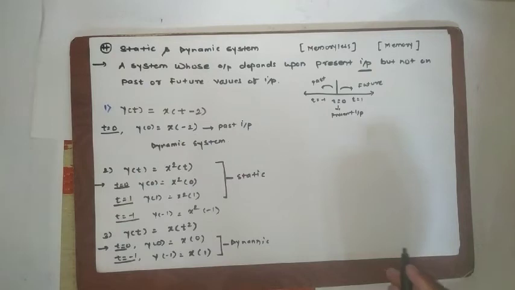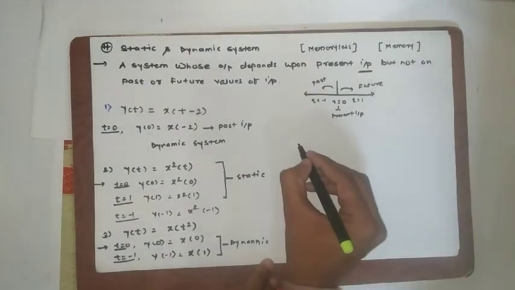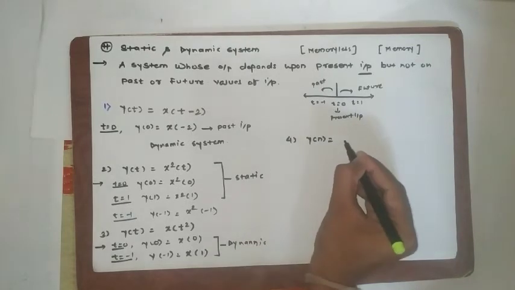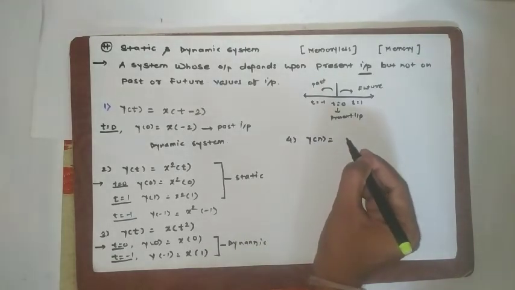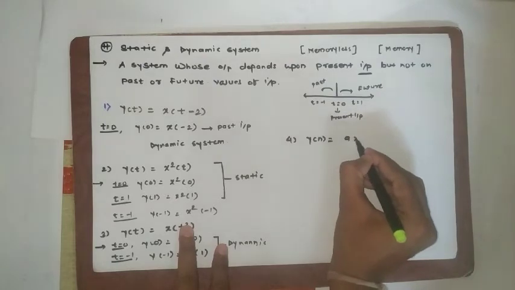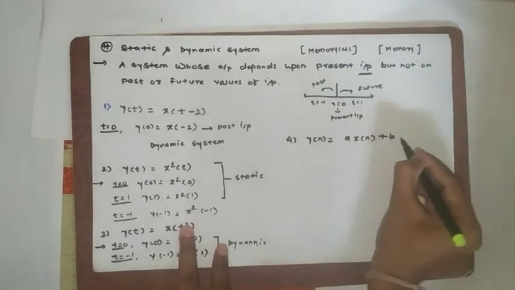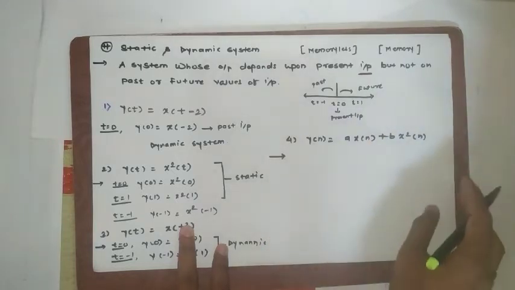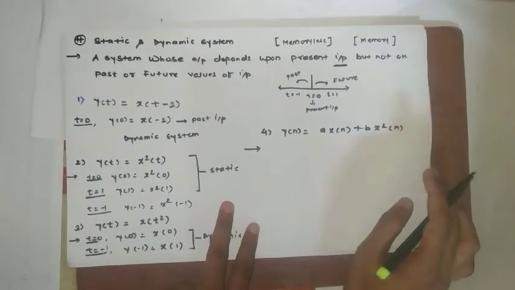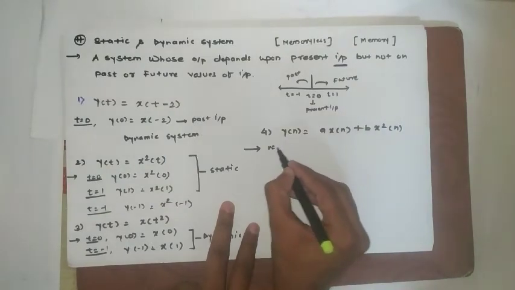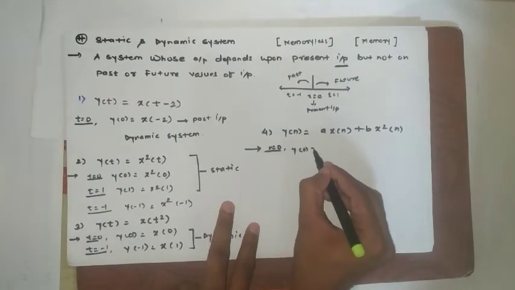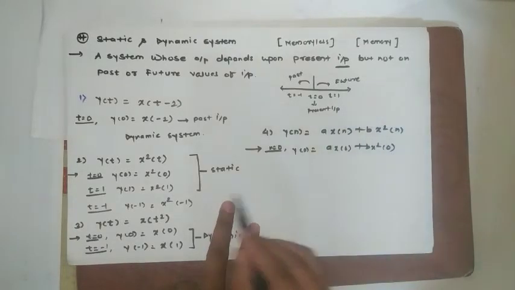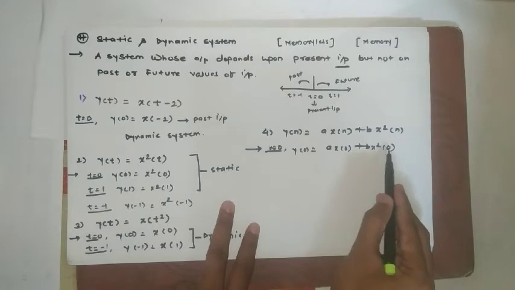Now we have taken three examples of continuous time. Let us take one more example, for a discrete time system. I am writing it here: y(n) = a x(n) + b x²(n). This is the term which has been given. Again, if you see n = 0, we have y(0) = a x(0) + b x²(0). The output depends upon the present input.